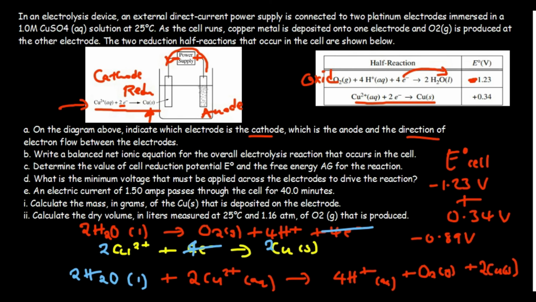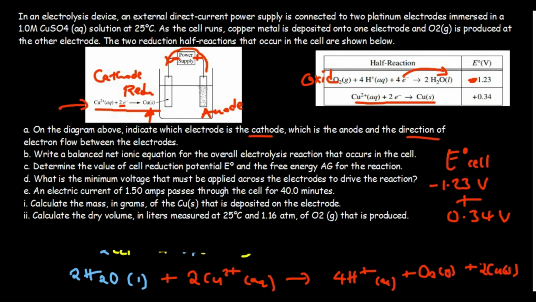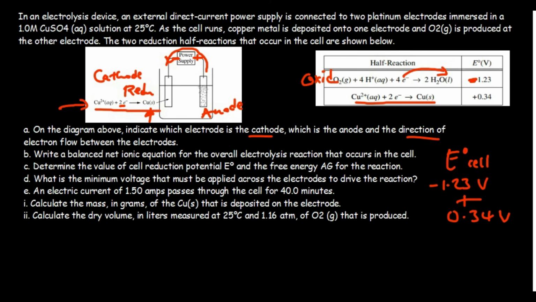A negative value shouldn't be a surprise because this is an electrolytic cell. For an electrolytic cell, we have a negative value of the cell potential. Then we also need to determine the free energy for the reaction, the Gibbs free energy.